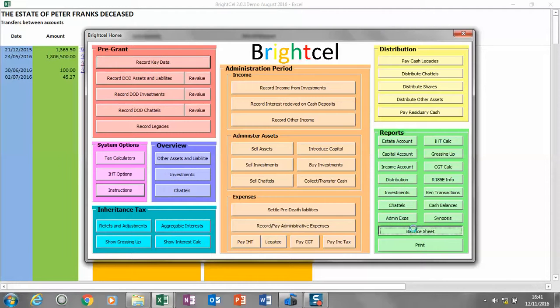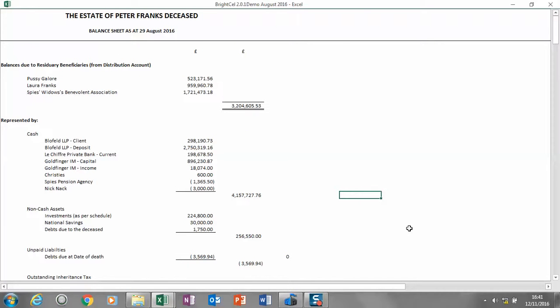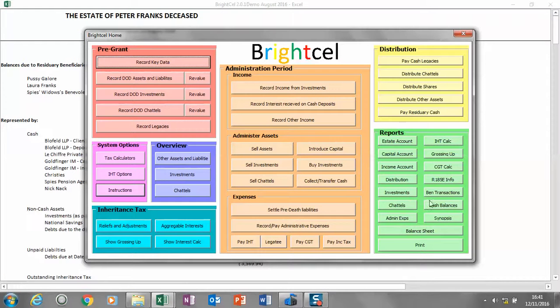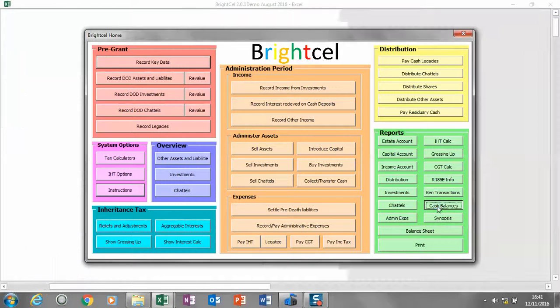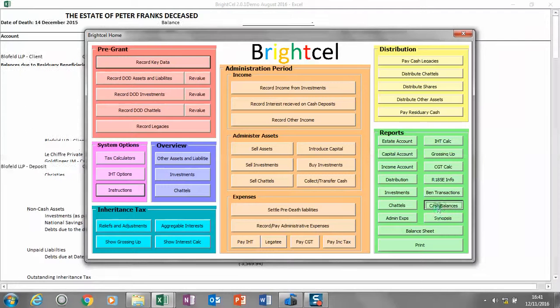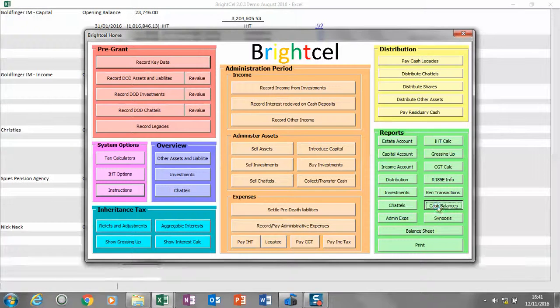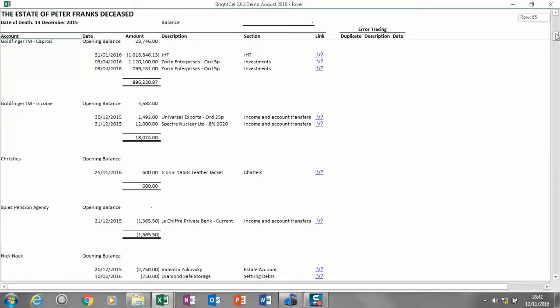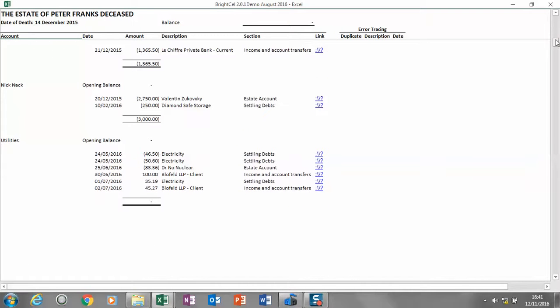Balance sheet, let's hope we've got a zero balance there now. Well, certainly the utilities is gone. That's good news. And we can go and look at the cash balances, look at the nominal ledger. And we will see that is now down to zero.